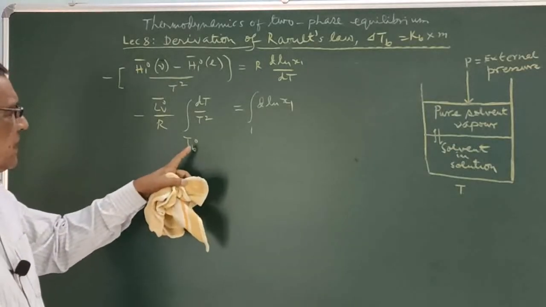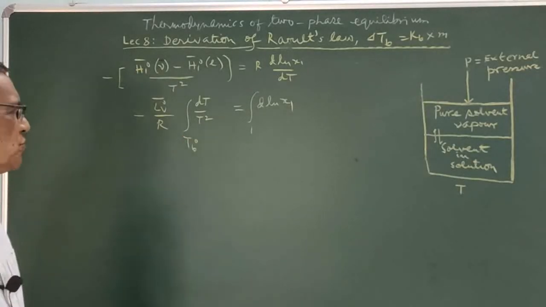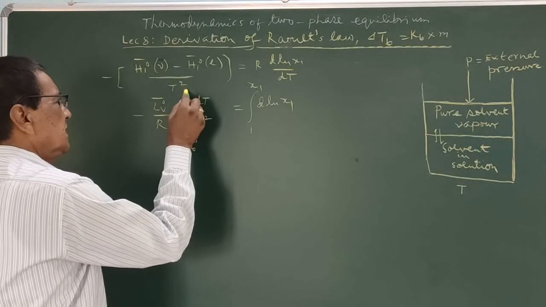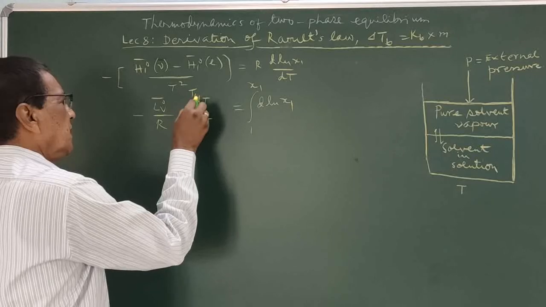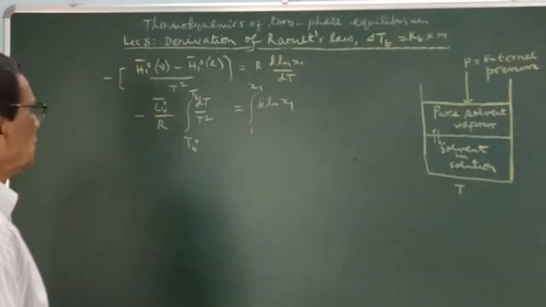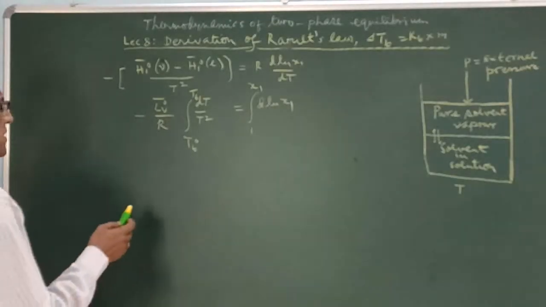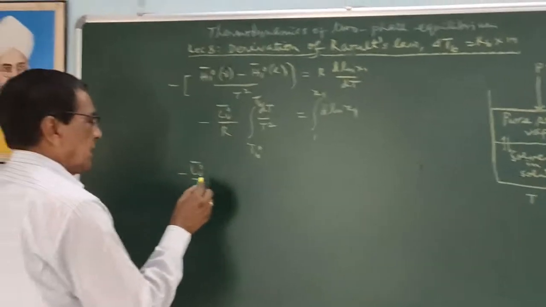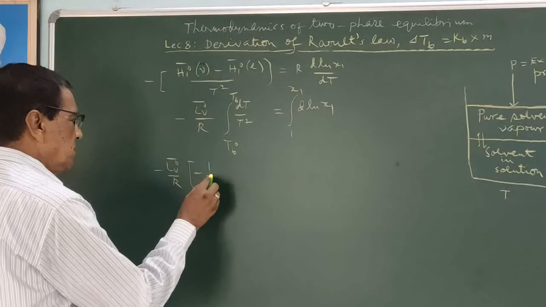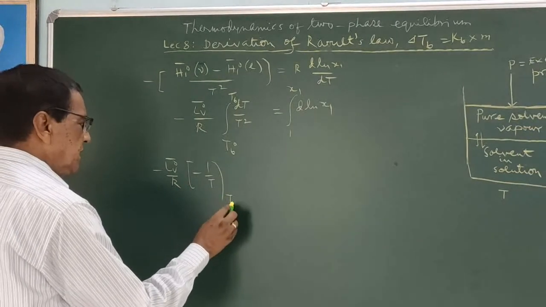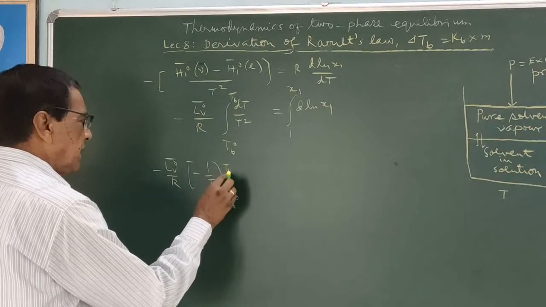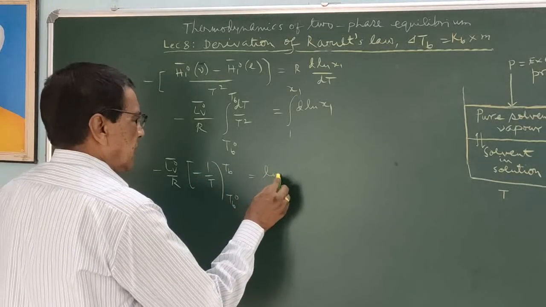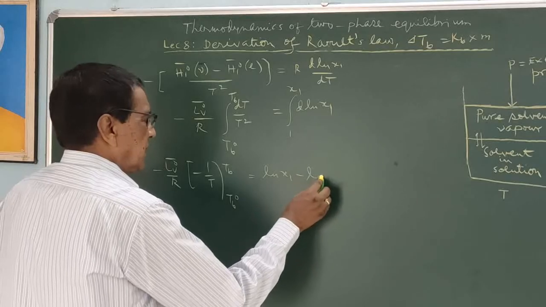It is the boiling point of this pure solvent, and here x1 means it is the boiling point of this solution. If we do this integration, then minus LV naught bar divided by R, and here minus 1 by T, and the limit is TB naught and upper limit TB, and this is equal to ln x1 minus ln 1.